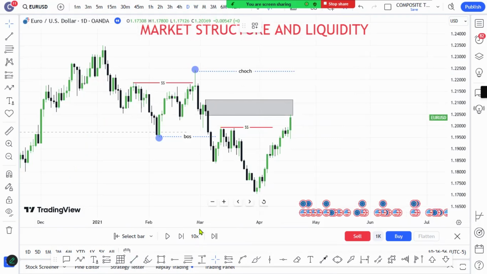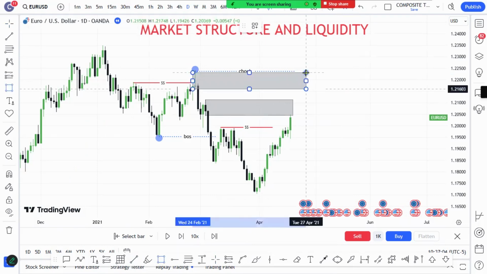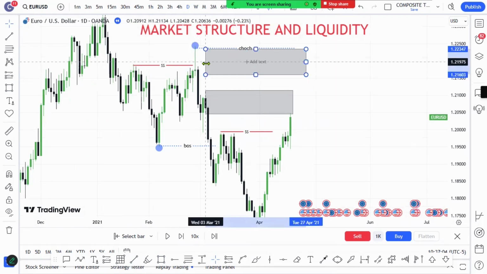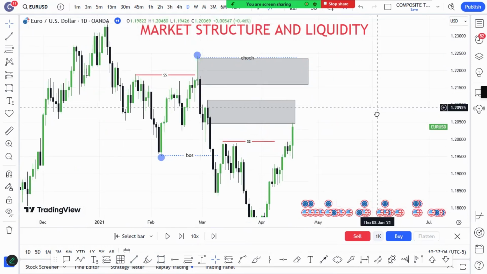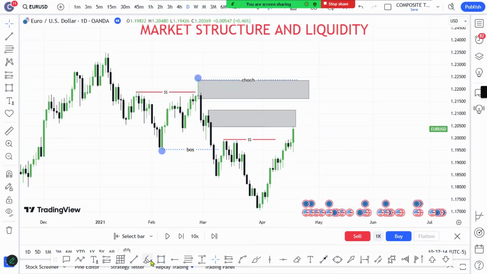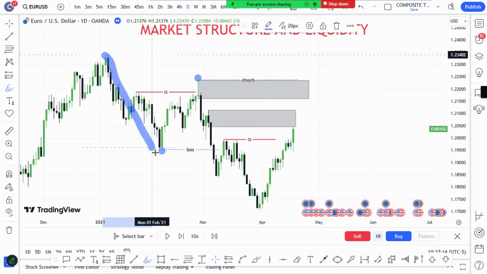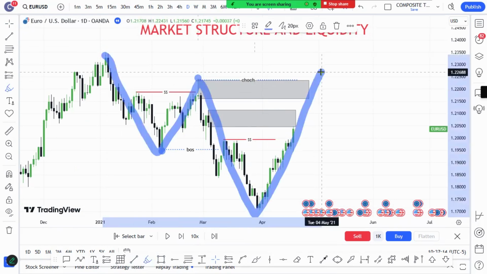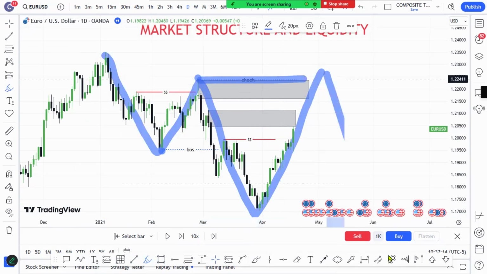So let's see, most people again will try to have a level here, the extreme, and you can see it has swept liquidity. It has all the rules and all the reasons to try to sell from here, but this one has a low probability. Let's see, because the market in real sense looks like this. If it wants to take out the level, it will have to collect all the money there, then a push to the downside.